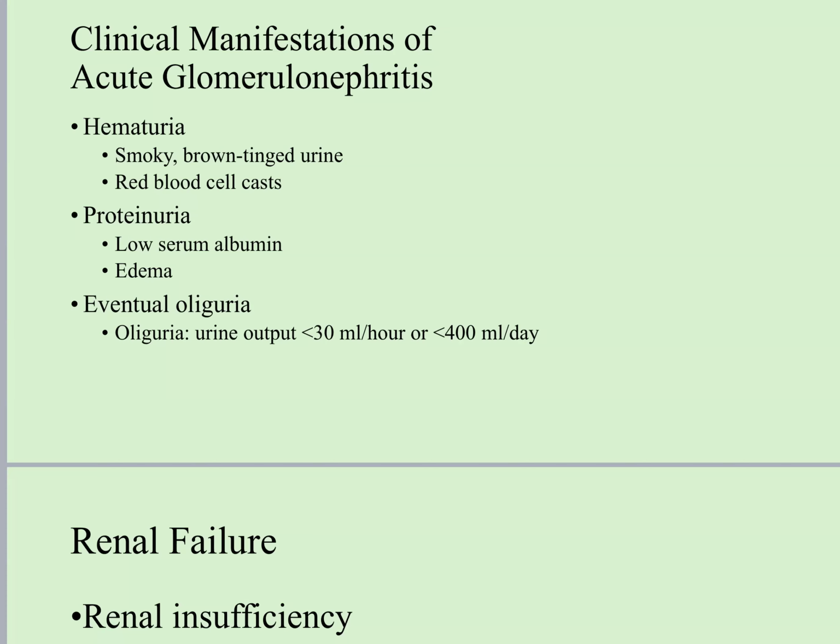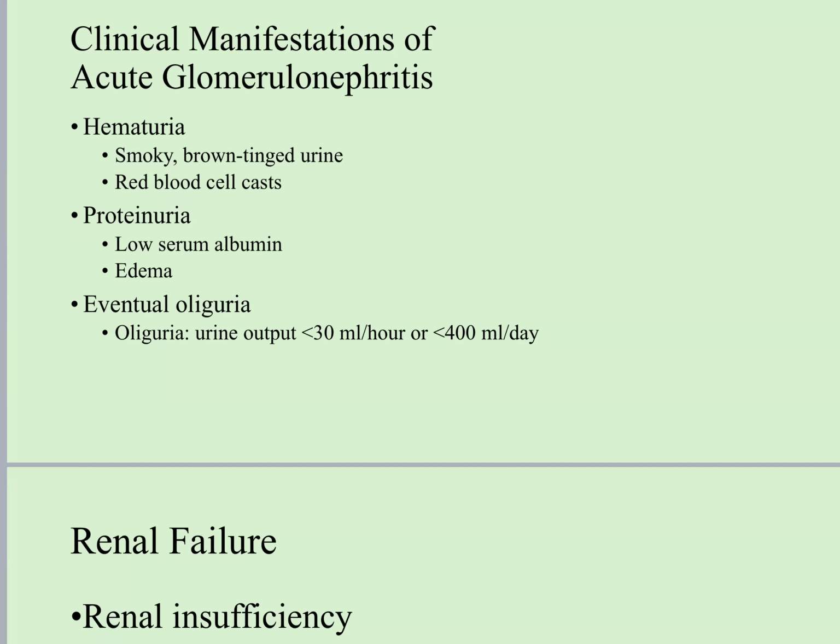So somebody can have acute glomerulonephritis, very smoky brown tinged urine because of the blood in there, proteinuria, low serum albumin. Remember, albumin is that protein that keeps fluid in the body where it needs to be. Proteinuria is when protein is excreted in the urine.